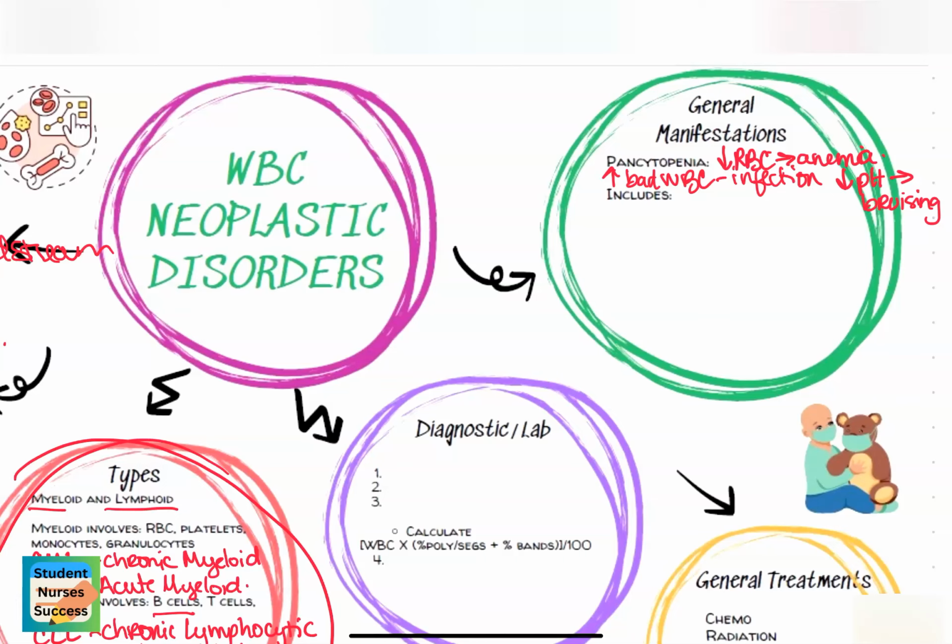Because of the pancytopenia, you're going to see fatigue and malaise. These are related to the anemia and decreased red blood cells. You're going to see infections and fever, and this is related to the poor quality of the white blood cells that are being produced and overproduced.